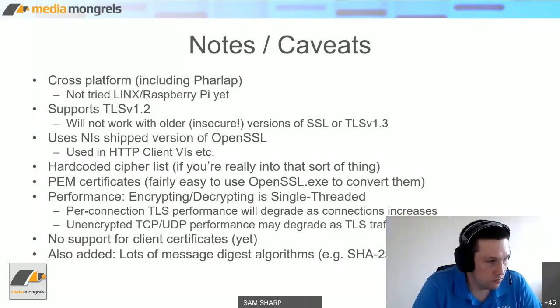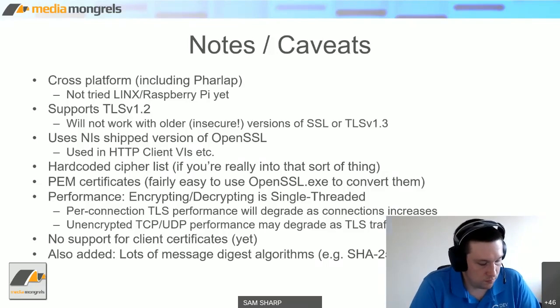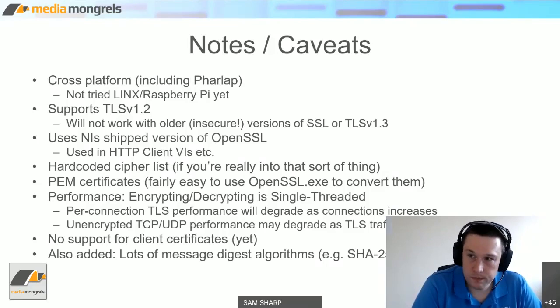Some of the anticipated performance issues regarding interactions with unencrypted connections we have not been able to nail down or identify quite yet, but there may be issues that will happen. Nevertheless, the APIs are not going to change, so we think it's ready for prime time for light use.